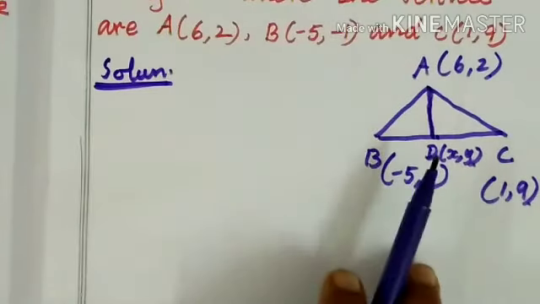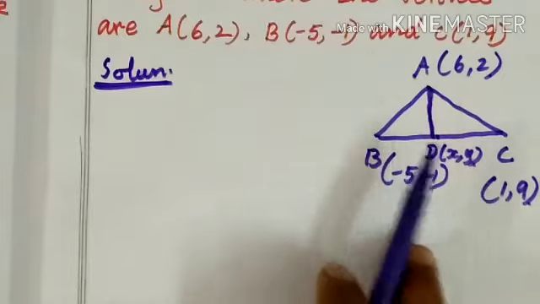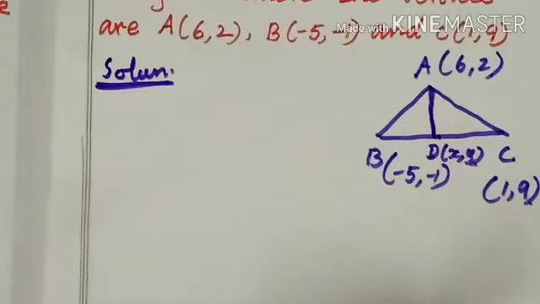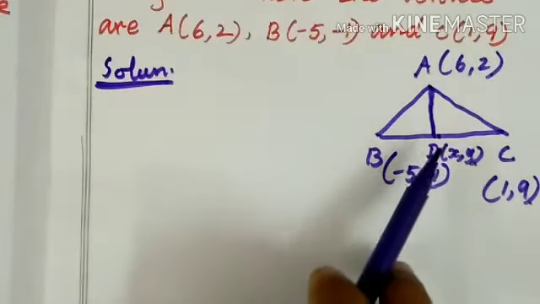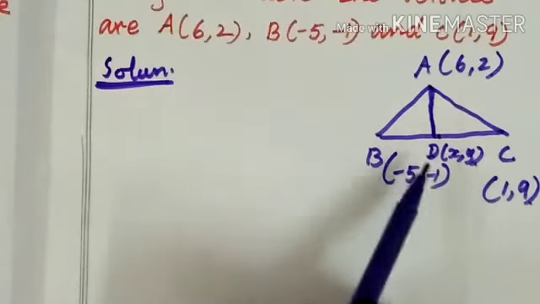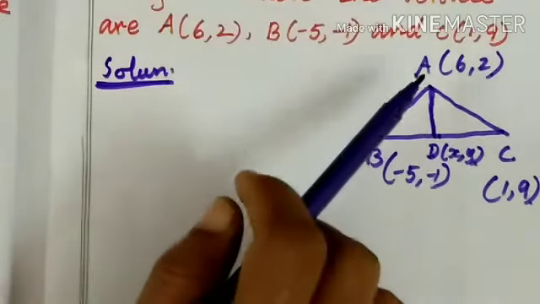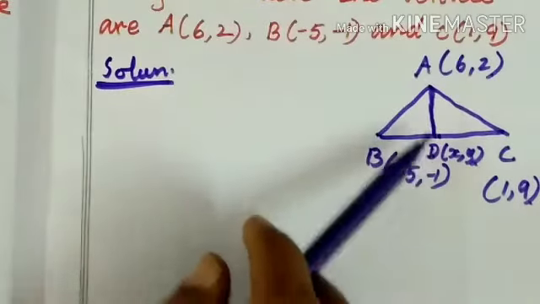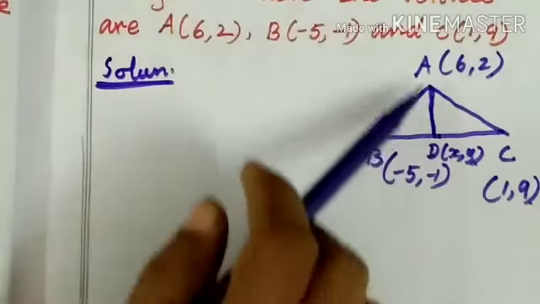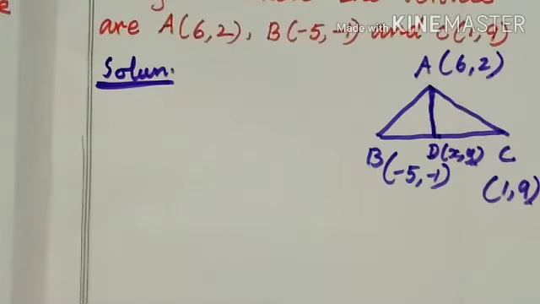It is the median of the line through A. Here D is the midpoint of the line BC. So first you have to find the point D by using the midpoint formula, and then you have to apply the two-point form, and we get the equation of this line. Let us do the solution.